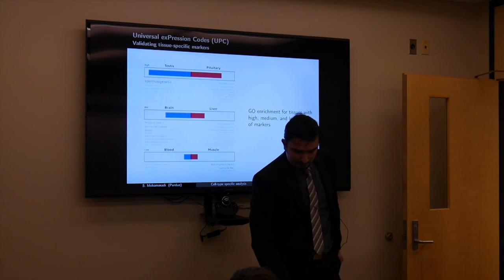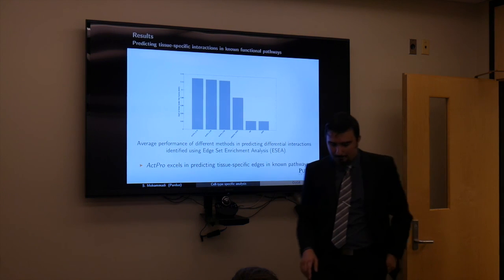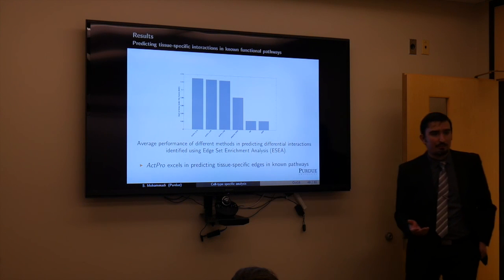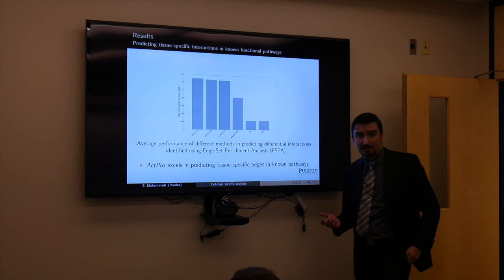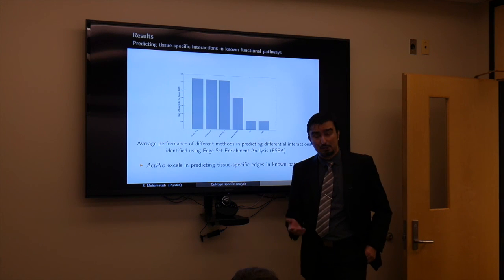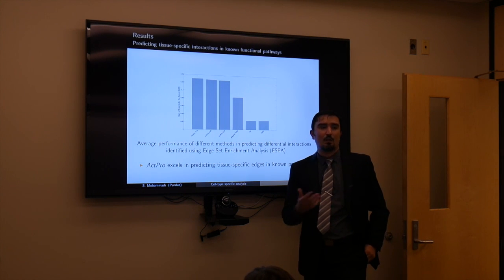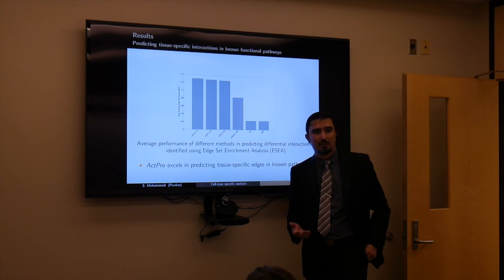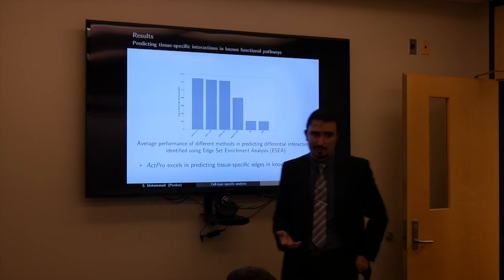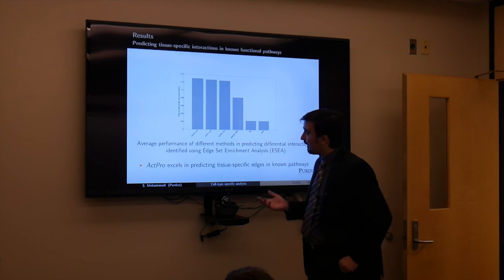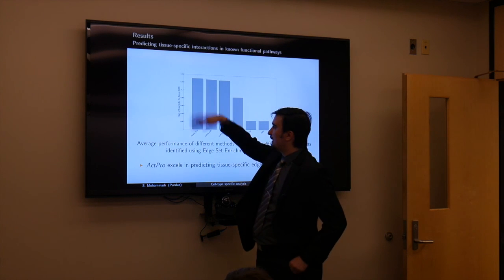The second step that we validate is that we have these known pathways. If we have known tissue-specific edges in known pathways, can we predict those using the tissue-specific networks that we have? We can, and this is the difference in AUC.